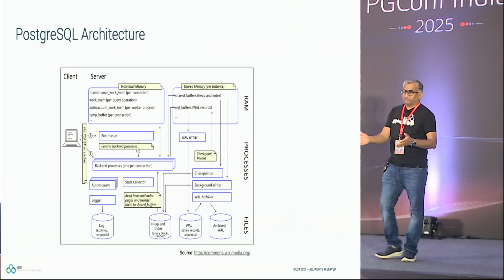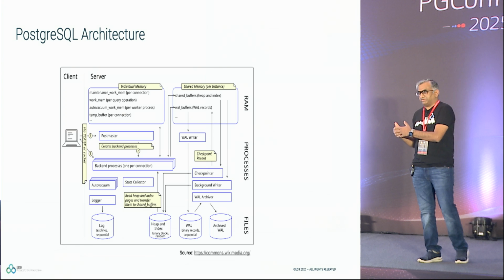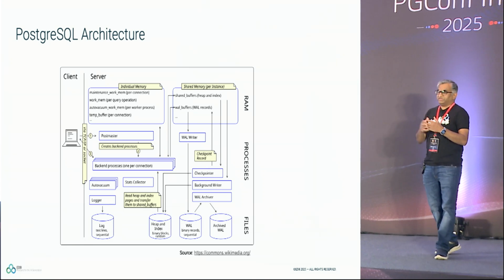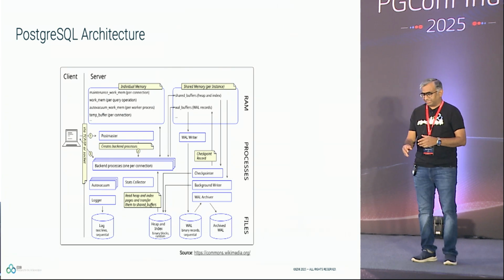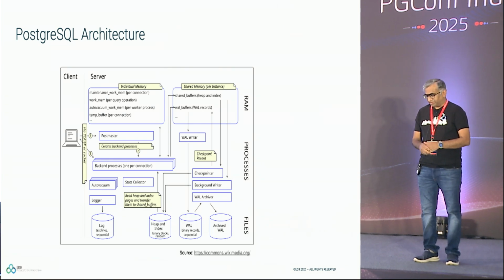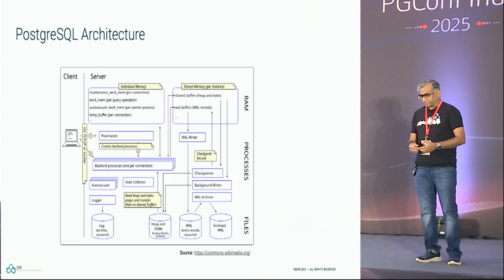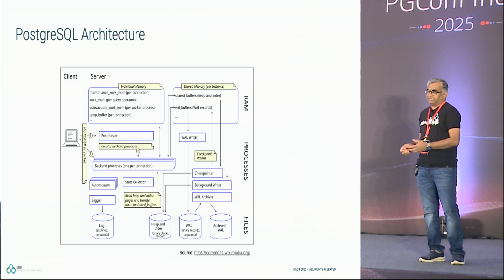Then there are autovacuum worker processes whose job is primarily to make sure that the garbage in your database is cleaned up. There are a bunch of other processes, and this might even be an obsolete image, as more processes get added with every Postgres release.